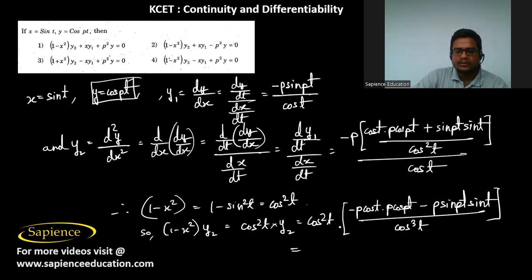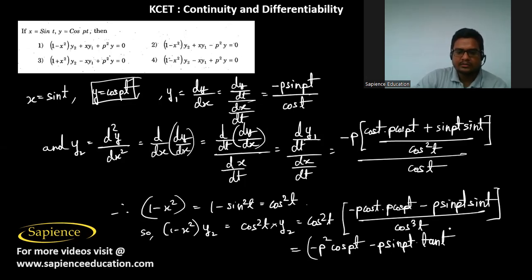So this will be minus p square cos pt, and this will be minus p sin pt into tan t, since sin t by cos t is tan t.